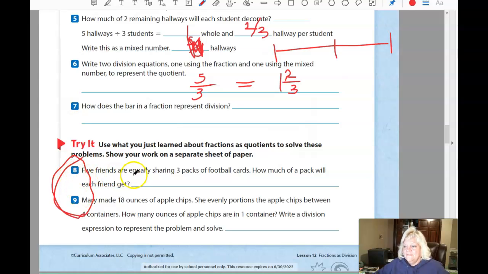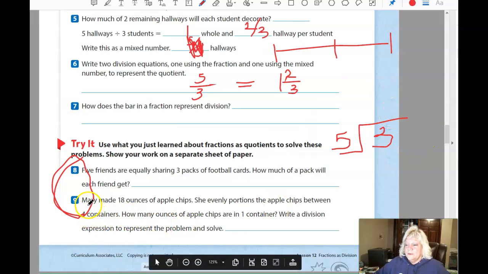It says 5 friends are equally sharing 3 packs of football cards. How much of a pack will each friend get? So if I think about my division, I have 3 packs of cards and I have 5 friends. And they're each going to divide those 3 packs. How much does each person get? Then down here, Mary made 18 ounces of apple chips.